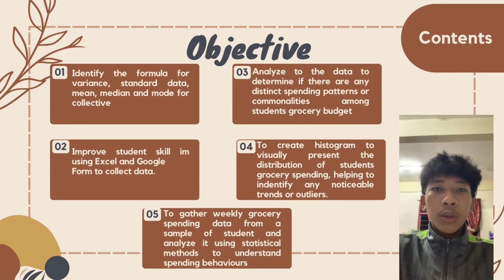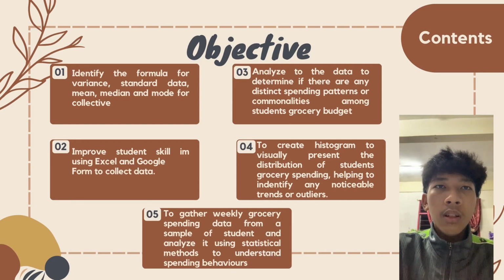The third part is about the objectives. The first is to identify the formulas for variance, standard deviation, mean, median, and mode for collective data. Number 2, to improve students' skill in using Excel and Google Form to collect data. Number 3, to analyze this data to determine if there are any distinct spending patterns or commonalities among students' grocery budgets.